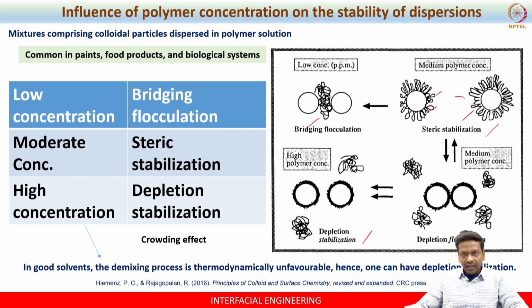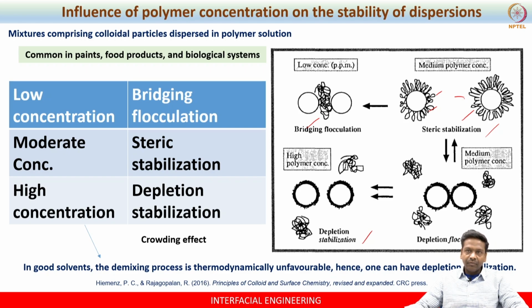So when you have a higher concentration of adsorbing polymer molecules, because these molecules can move around freely around the particle surface, they will act as a shield for the particles, right? So they will create some sort of crowding effect. Because of which depletion stabilization can be expected, right?